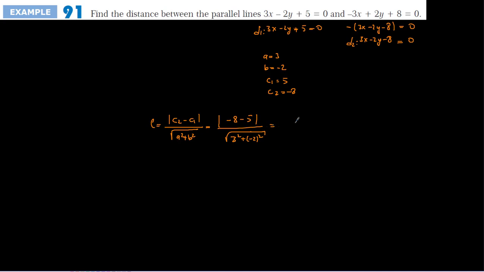Then this is going to be equal to minus 13 in absolute value all over the square root of 9 plus 4, which is equal to 13 over root 13.